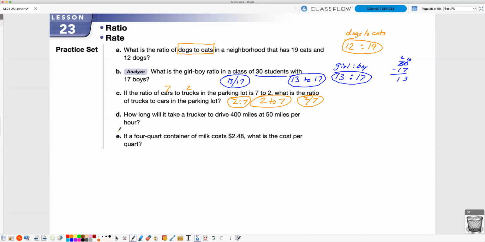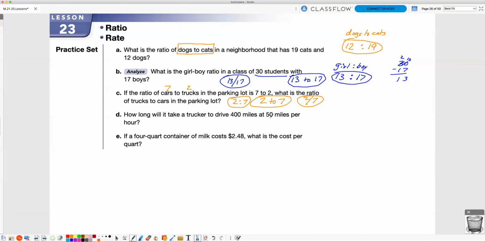Letter D, it's a rate problem. How long will it take a trucker to drive 400 miles at 50 miles per hour? So in this one, you just have to consider that he has 400 miles and he's going to go 50 miles in every single hour.